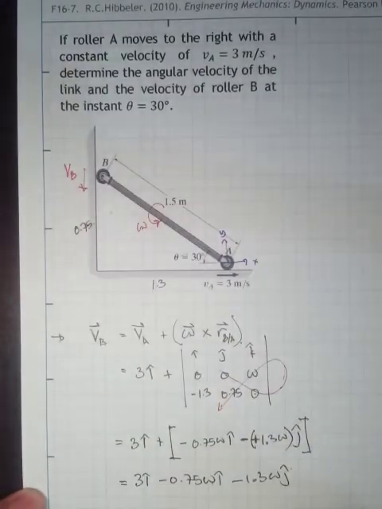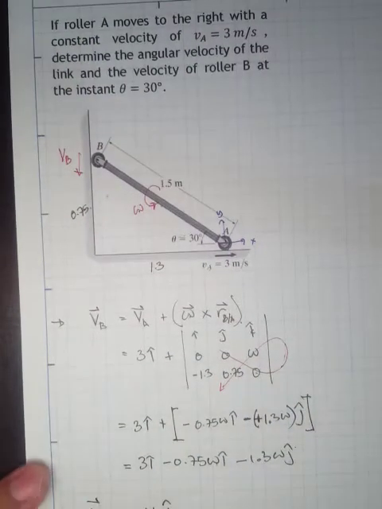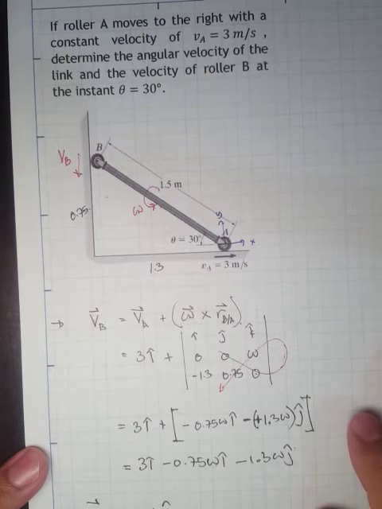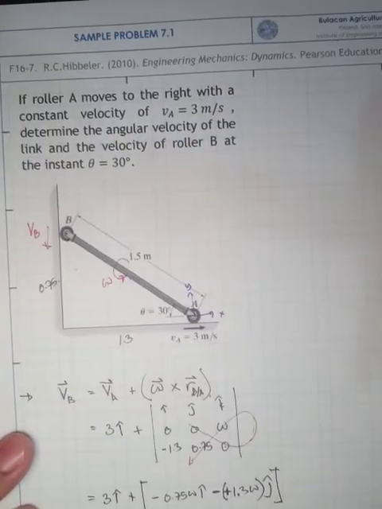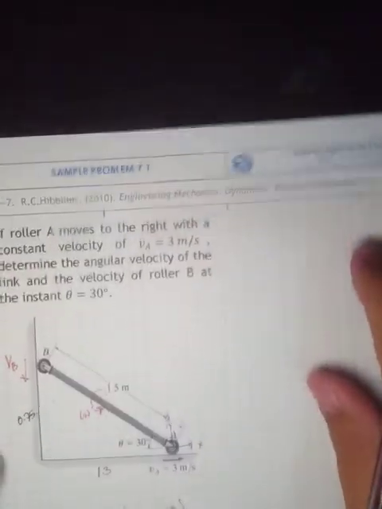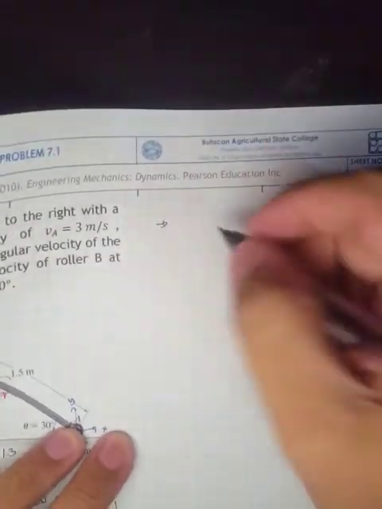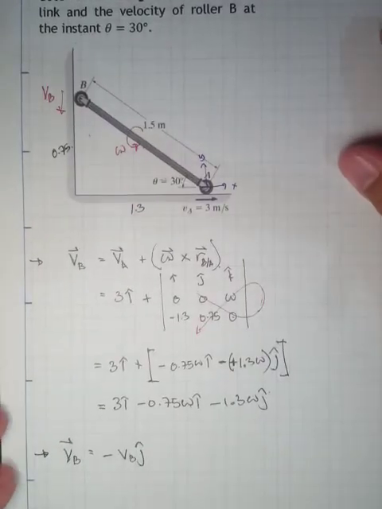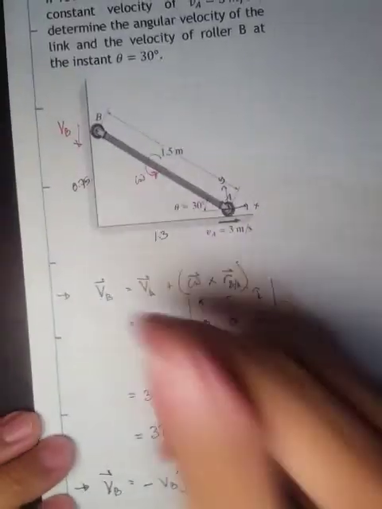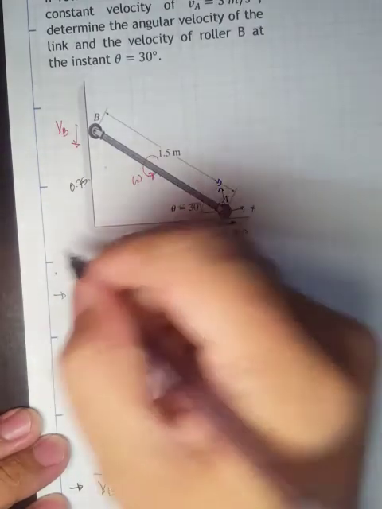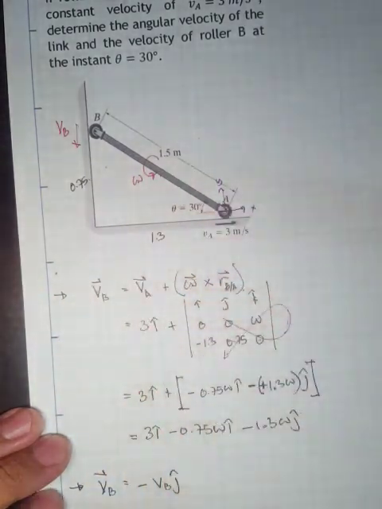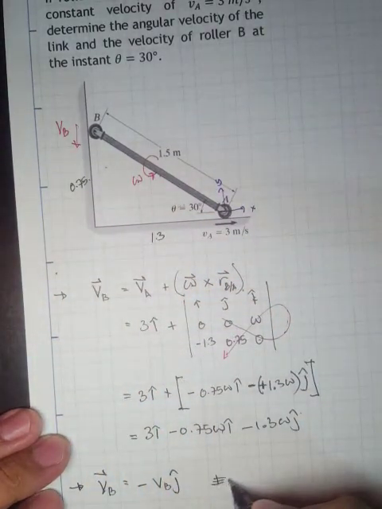This is the magnitude, and this is the unit vector. So now we have two equations, two unknowns, then we can solve already. So equating the two equations, all right, so I think we solve, okay, equation 2.